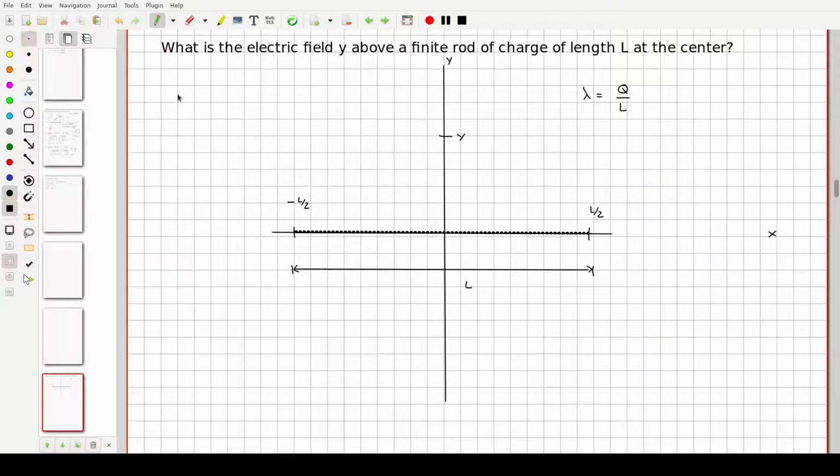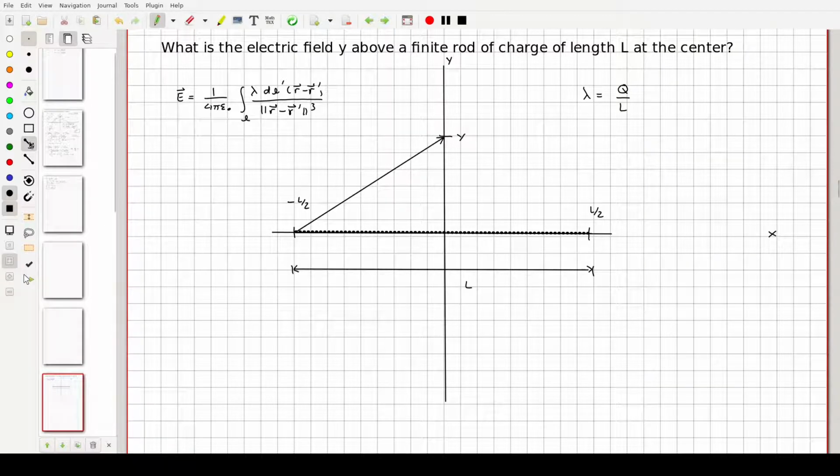So we're going to be using the same equation. Same one.